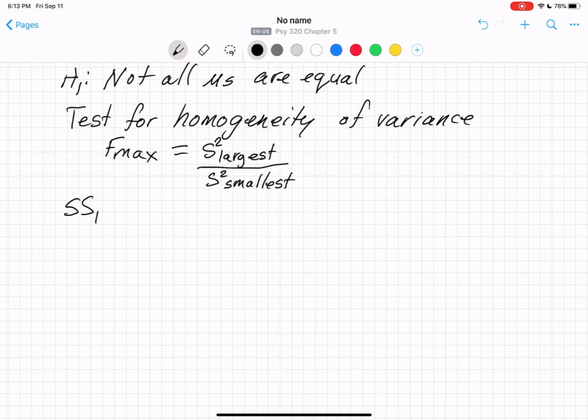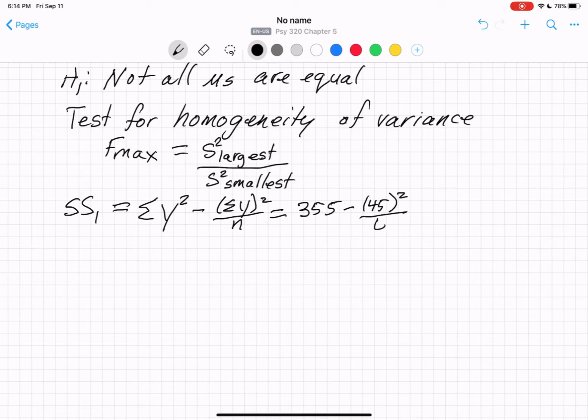So we have to find the sum of squares for group 1. We're going to do the sum of y squared for group 1 minus the sum of y, in parentheses, squared, divided by n. I'm pulling these numbers from that data sheet I just showed you. The sum of y squared is 355, the sum of y for group 1 was 45, and n was 6.